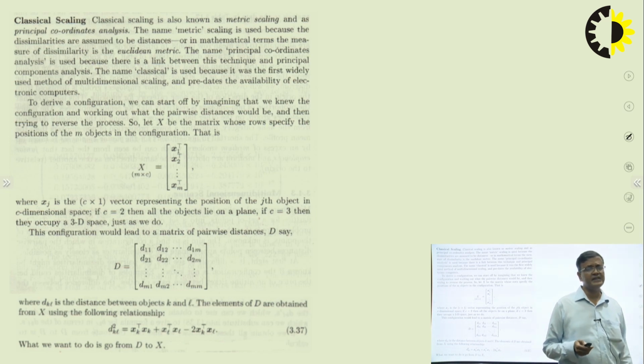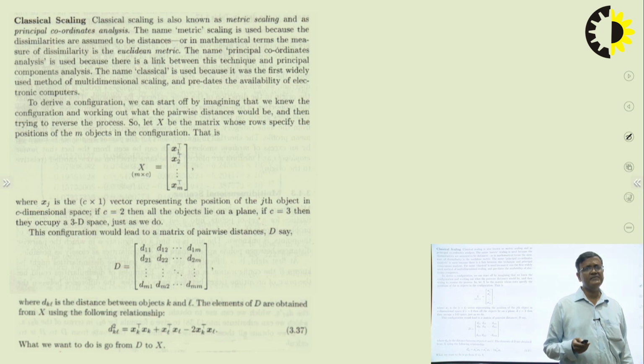This configuration would lead to a matrix of pairwise distances D, for which the elements are given using the formula d_kl = x_k^T x_k + x_l^T x_l - 2 x_k^T x_l. So in this matrix, d_kl is the distance between the objects k and l, and the elements of D are obtained from X using the following relationship.